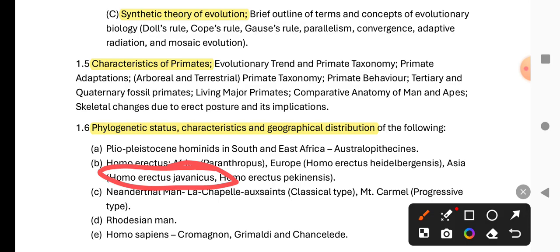But one thing is certain: the oldest fossils of erectus have been discovered from Asia. Yes, the oldest fossil is the Javanicus. Java man is the oldest fossil of erectus discovered from Asia.